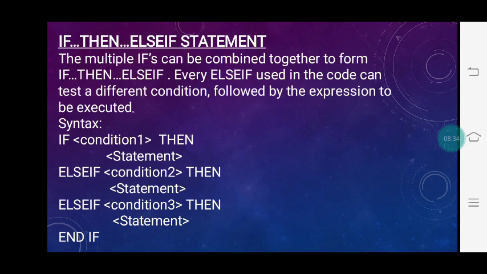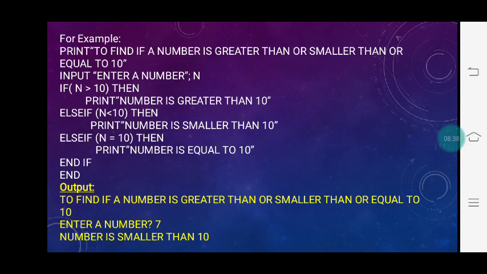For example, to check if a number is greater than, smaller than, or equal to 10. Here 3 conditions are given: greater than, smaller than, or equal to. In the first case, only one condition is given.